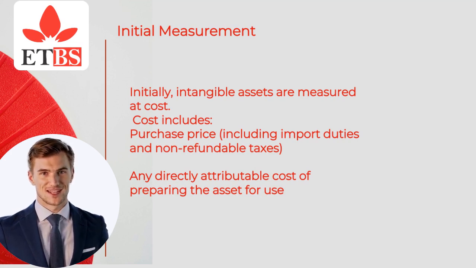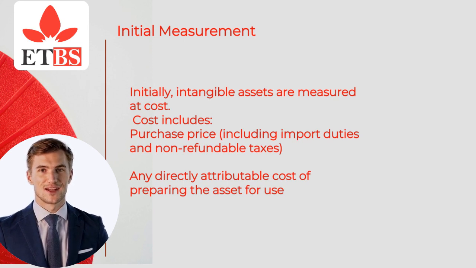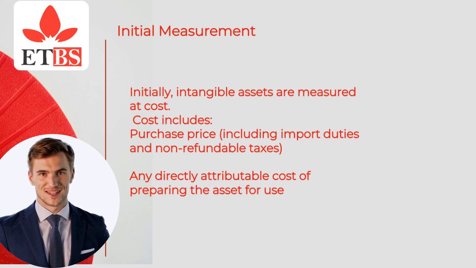Initially, intangible assets are measured at cost. Cost includes purchase price, including import duties and non-refundable taxes, and any directly attributable cost of preparing the asset for use. If the asset is acquired in a business combination, cost is the fair value at the acquisition date. Internally generated goodwill is never recognized.